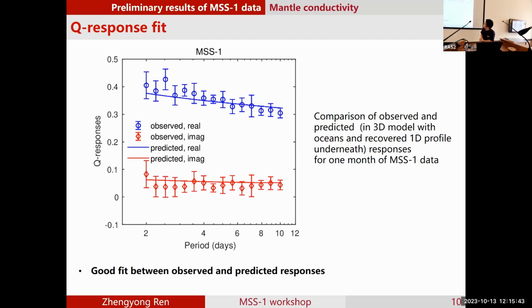And this figure is the comparison of observed response and predicted response. We got a good fit between these two responses, and it indicates that our inversion fits the data, and it is reliable.